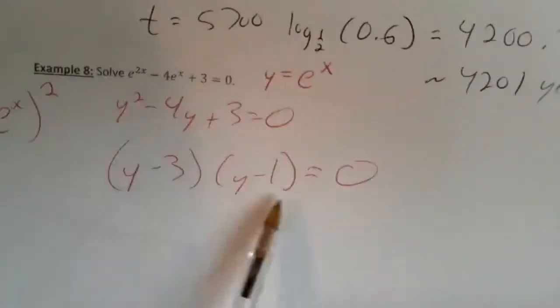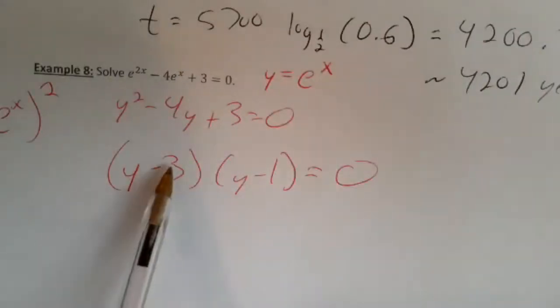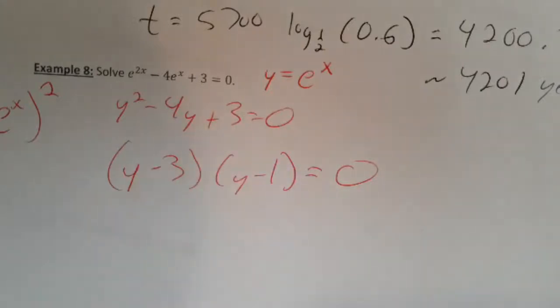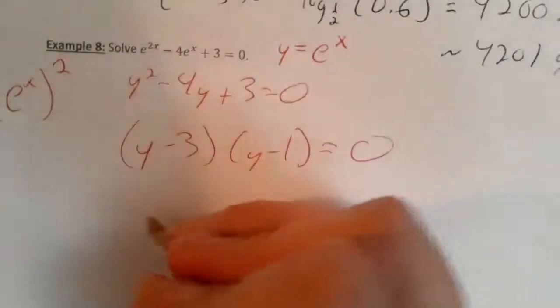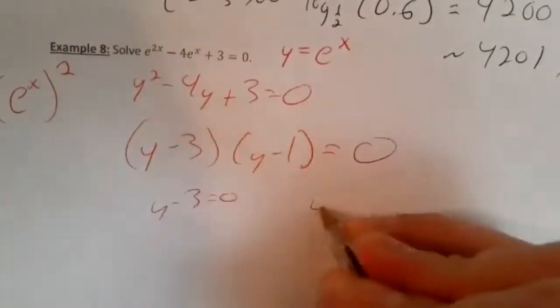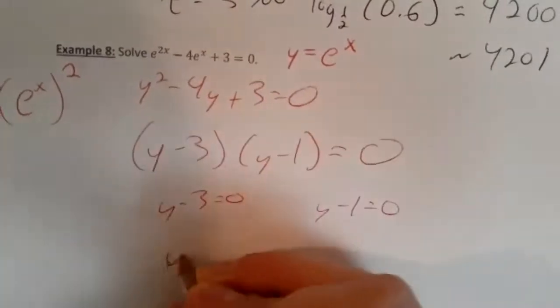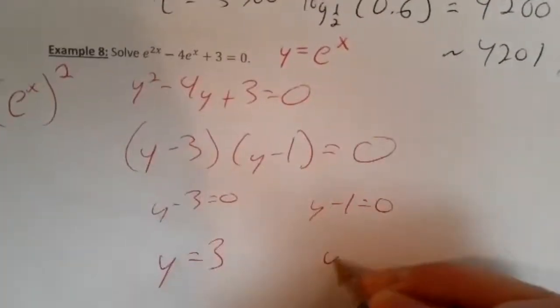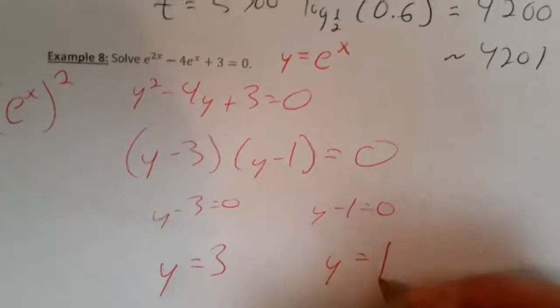Minus 3 minus 1 gives us the minus 4, and minus 3 times minus 1 gives us positive 3. And so you might notice you're getting y minus 3 equals 0 and y minus 1 equals 0. This one is giving you y equals 3, and this one is giving you y equals 1.